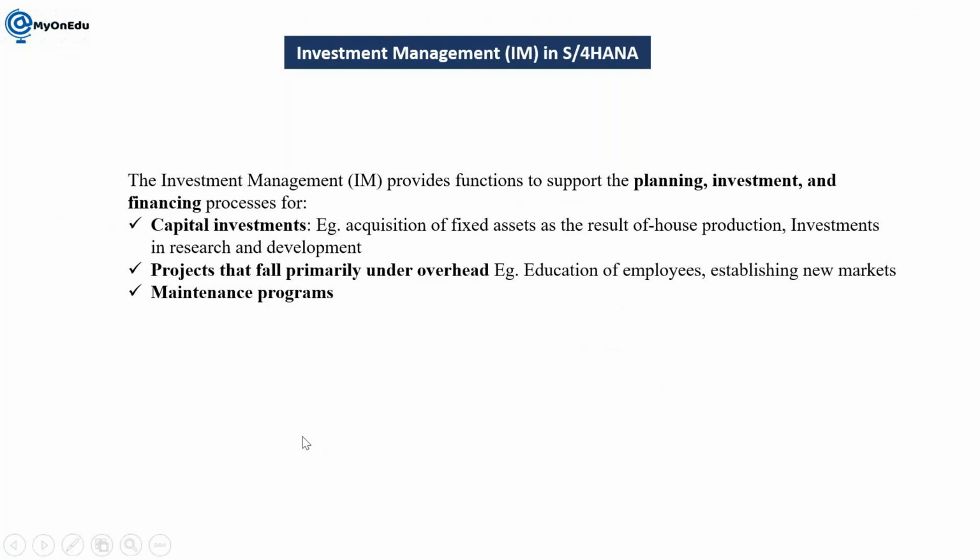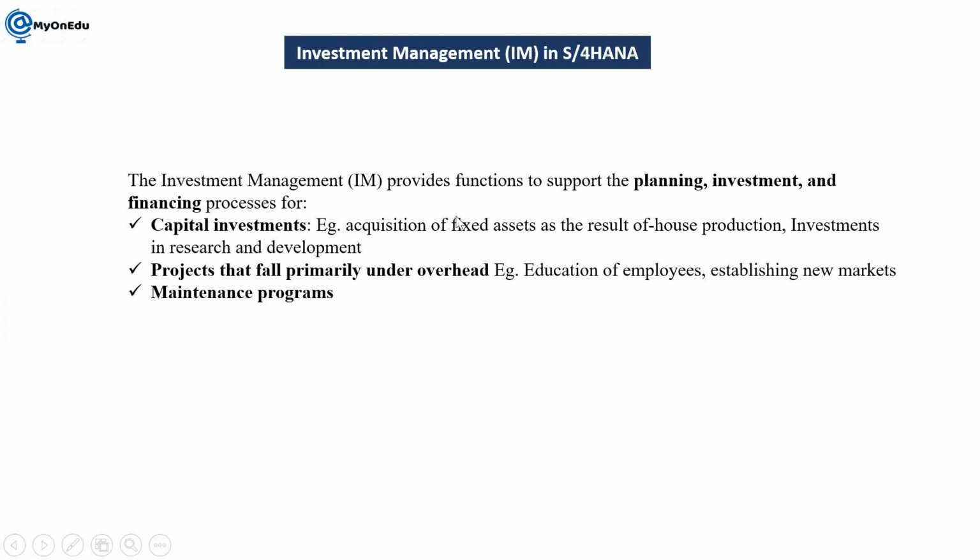So we use Investment Management for capital investment projects, for overhead cost projects, and for maintenance programs, meaning maintenance projects, outage projects or overhaul projects. These are the different terminologies for maintenance projects which we use in the business. So the Investment Management module is used for planning, investment and financing.